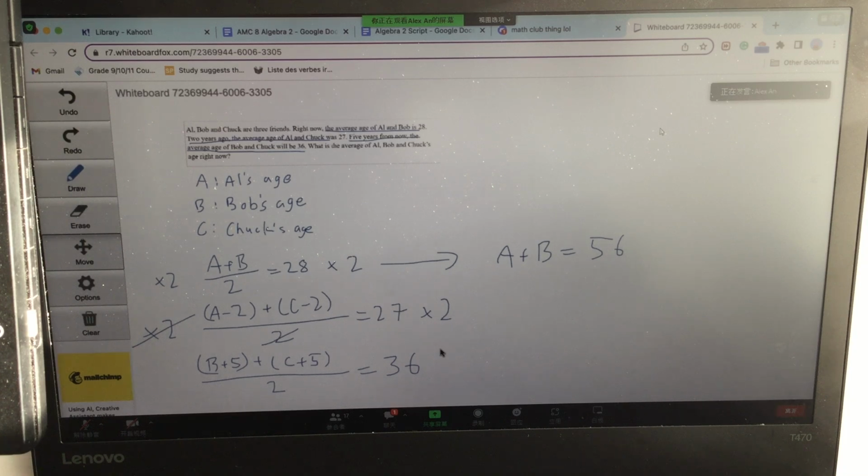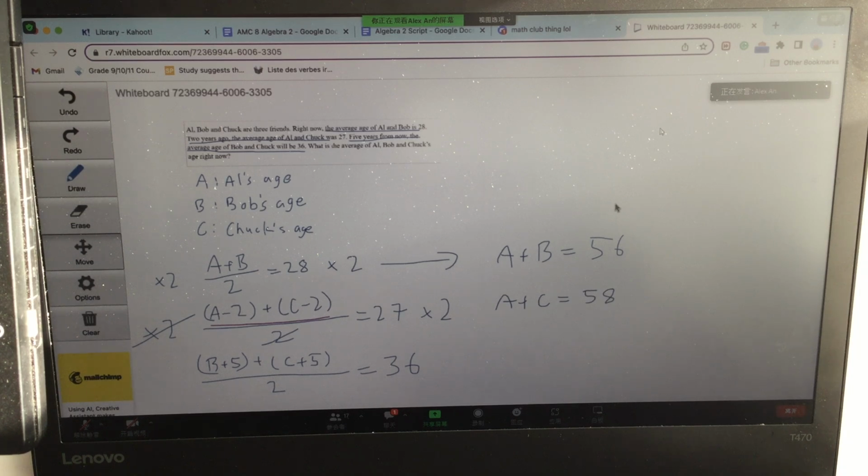In other words, this top part here is just going to be A plus C minus 2 minus 2, or A plus C minus 4. So we have A plus C minus 4 equals 54. And if we add 4 to both sides, we know that A plus C equals 58.